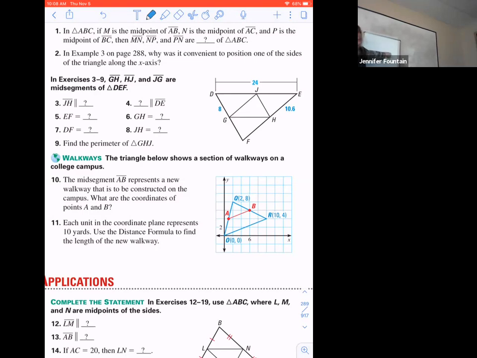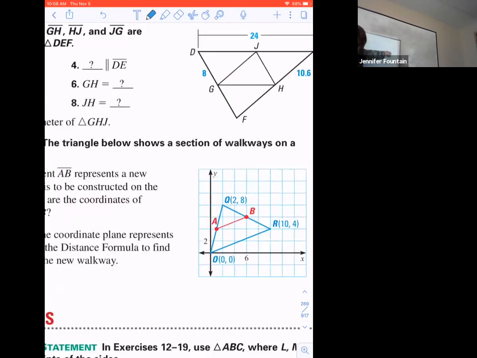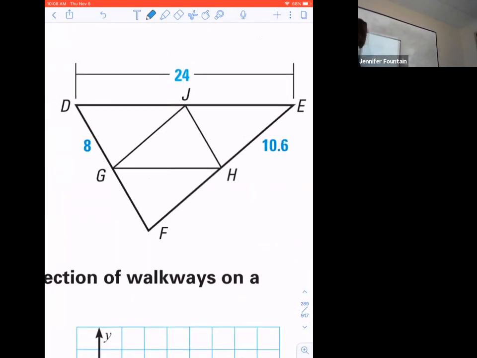What's FH going to be? If this is 10.6, what is this one going to be? 10.6, so what's 10.6 plus 10.6? 21.2. 6 plus 6 is 12. 10 plus 10 is 20. All right, so 21.2.